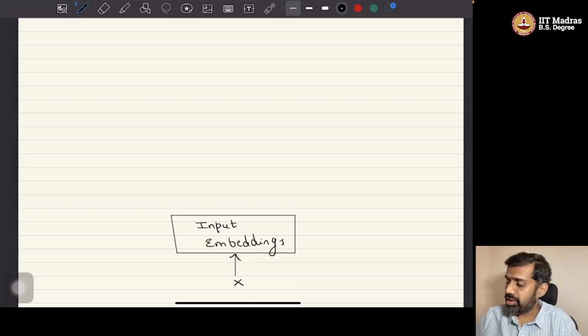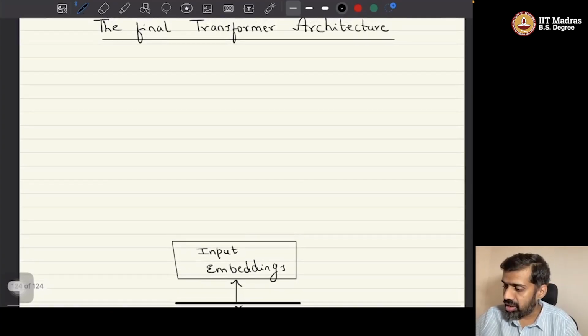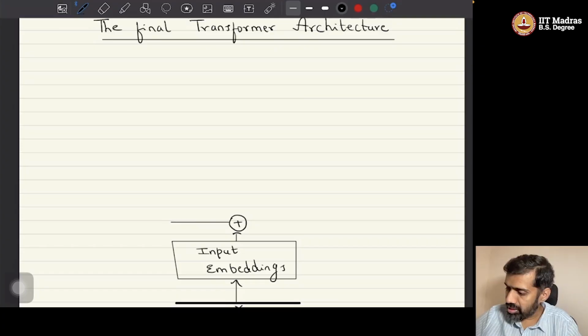So what is done is you learn an embedding matrix, a learnable embedding matrix, that will give the input embeddings. Once we have the input embeddings, you add them with the positional encoding that we just discussed.